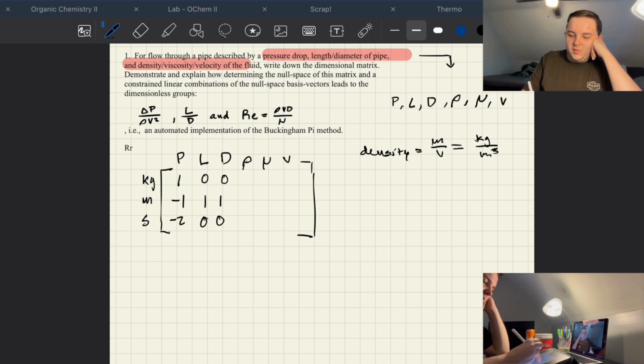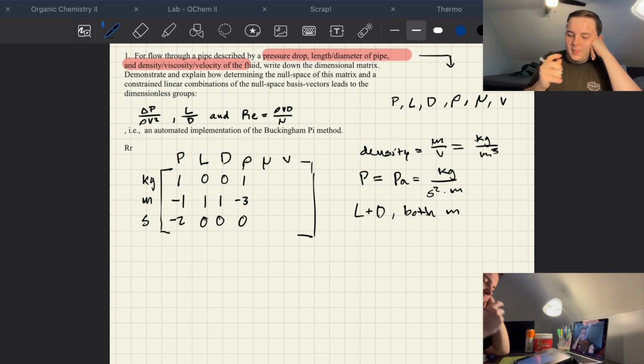So in the numerator we have 1 and 0, -3 for meters, and seconds are going to be 0. And I'll also write out pressure. Pressure is equal to pascals, which is equal to kilogram per second squared meters. And then I'll just write L and D, both meters.